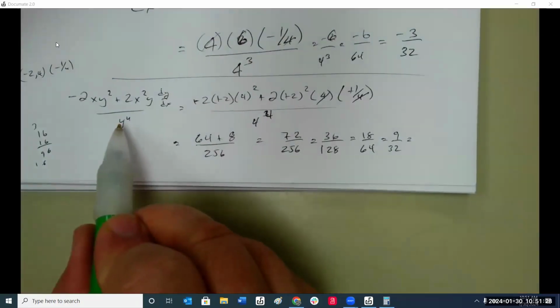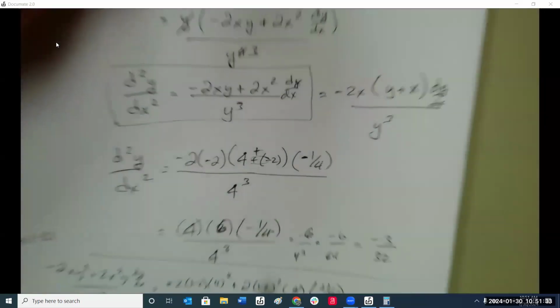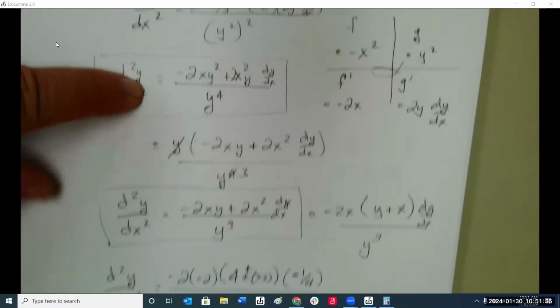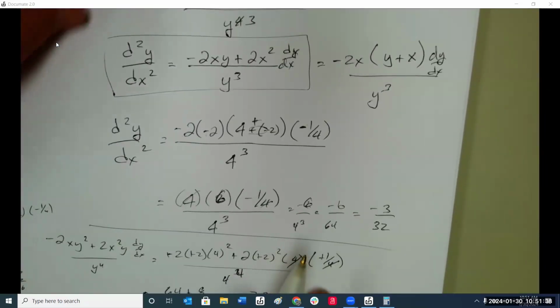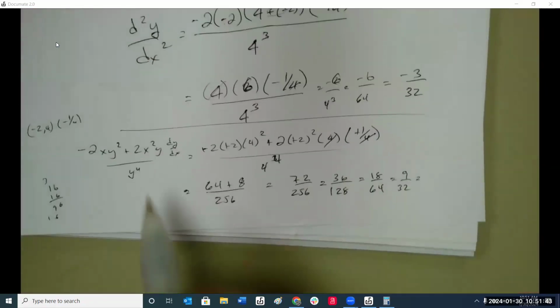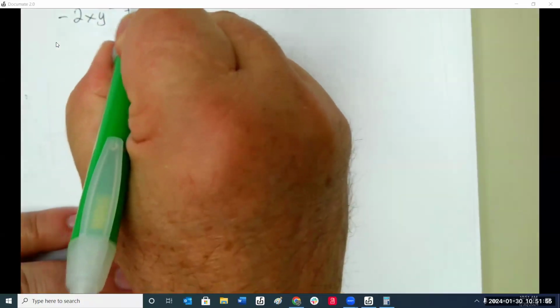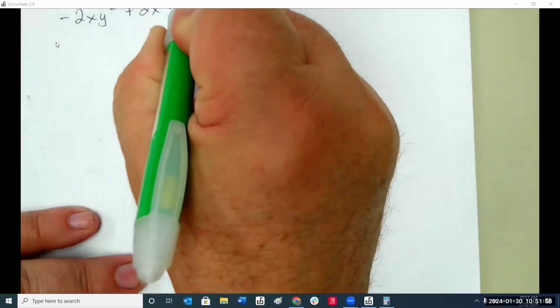So whatever this answer is going to be should be the correct one because that's straight from before the factoring. Because the more stuff you do, the more chances of error. So let me try that one more time. I have -2xy squared plus 2x squared y dy dx over y to the 4th.